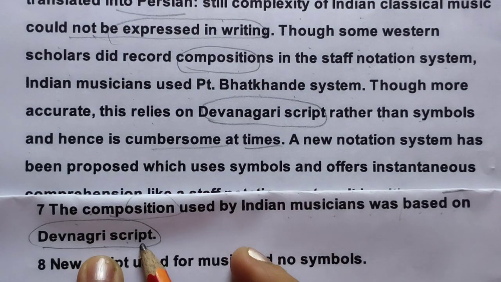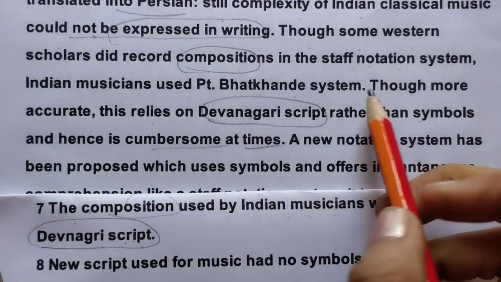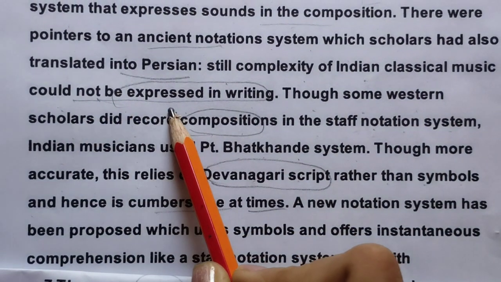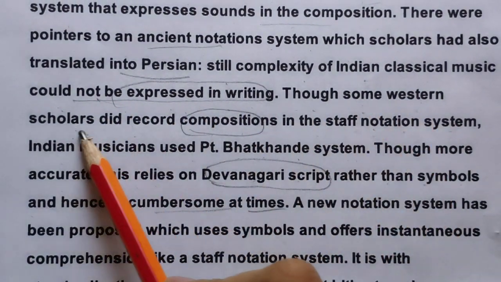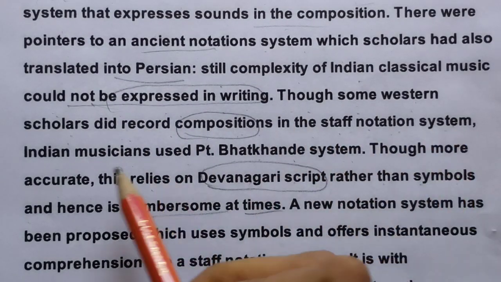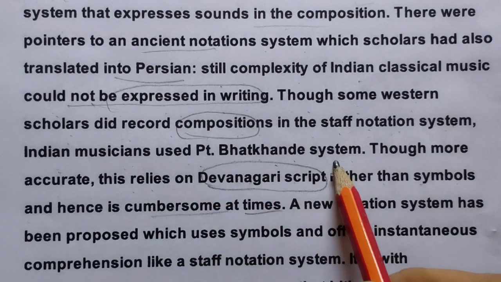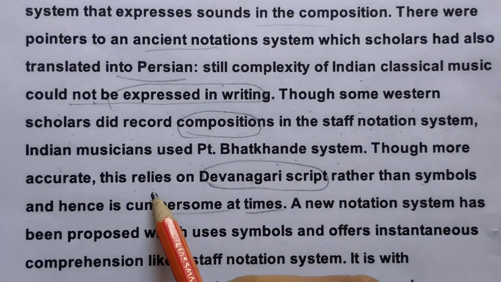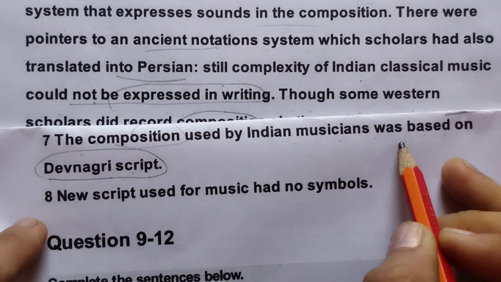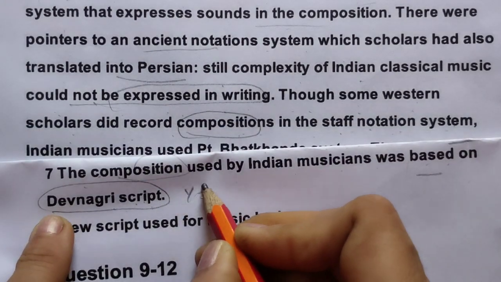Was based on this, so we need to, complexity of Indian classical music could not be expressed in writing, though some Western scholars did record compositions in the staff notation system. Indian musicians use this system, though more accurate. This relies on, okay, more means that yes, was based on, yes, it is yes.